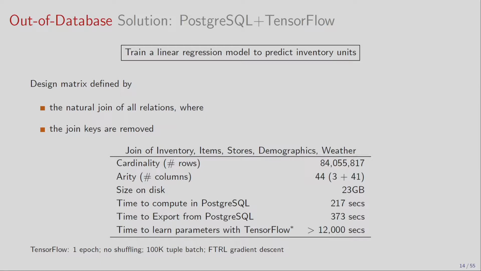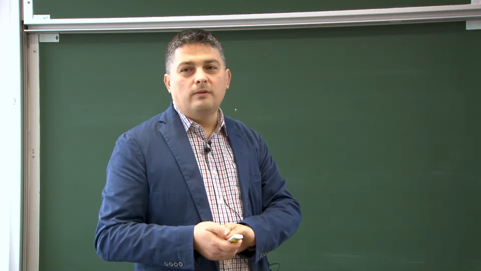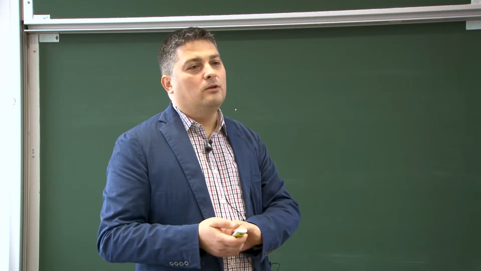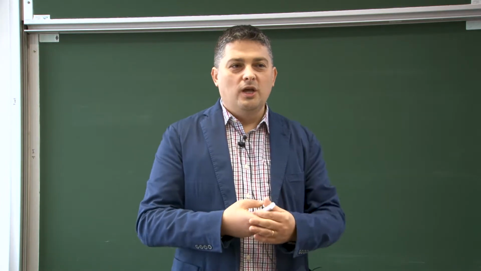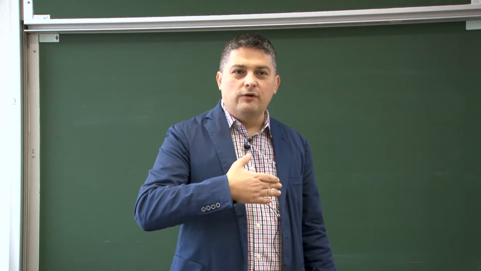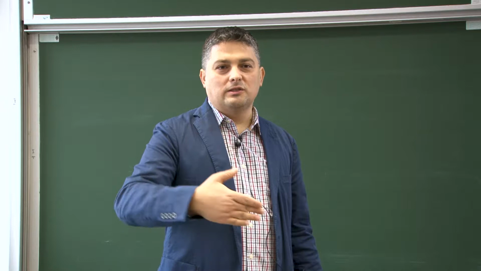And then if you want to learn the parameters of this model using TensorFlow, which is the system proposed by Google, it will be at least 12,000 seconds. So we stopped at that time. That would be the time roughly taken to do one epoch, which is letting TensorFlow run over the training data set once.